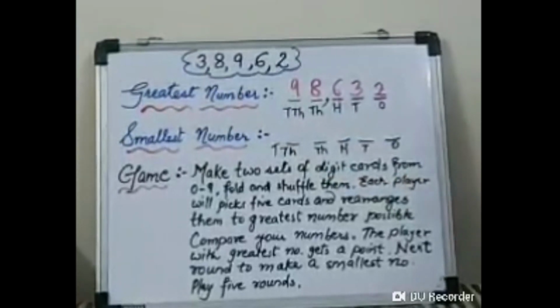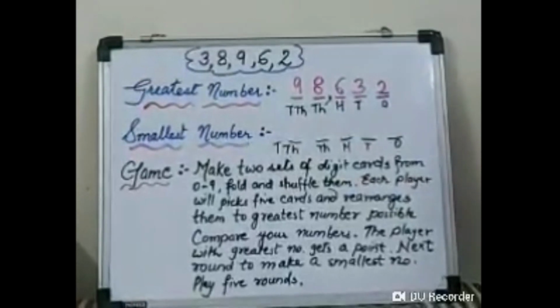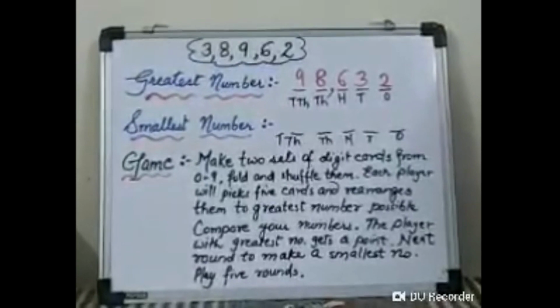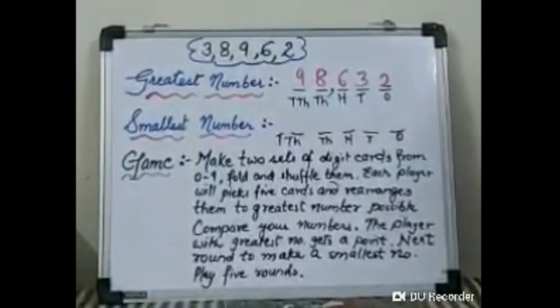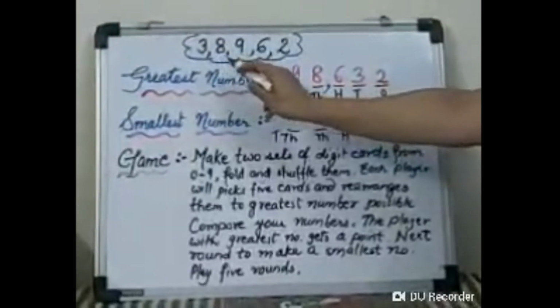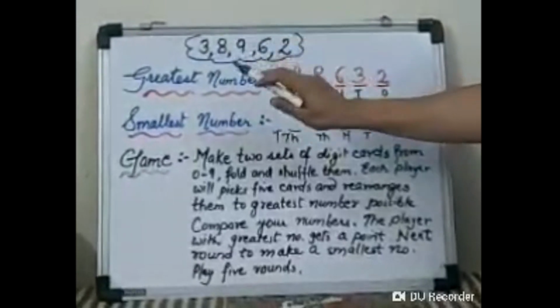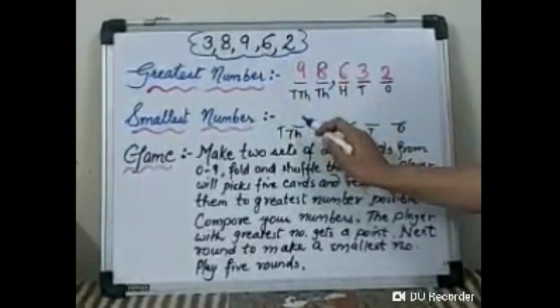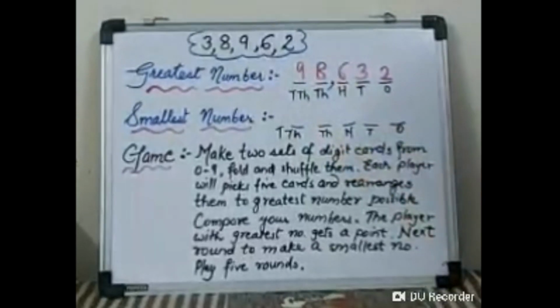Now, we have to take the smallest number over here in the greatest place. So, the smallest number out of all these digits is 2. We are going to keep this 2 at the greatest place.